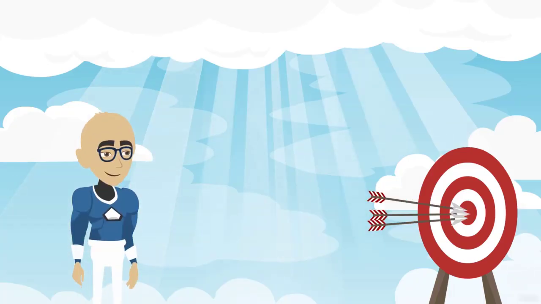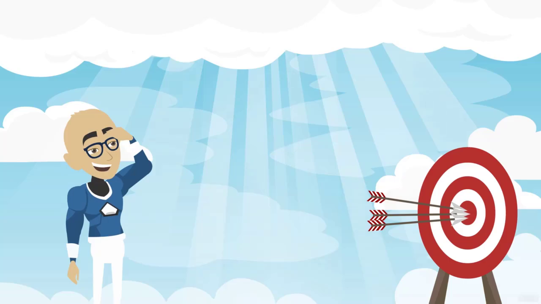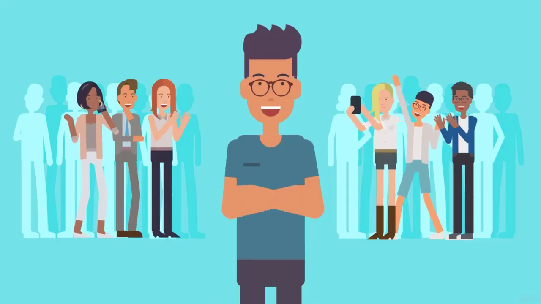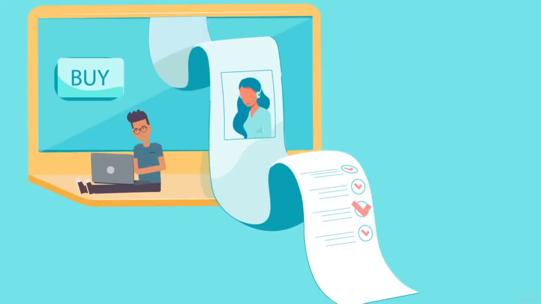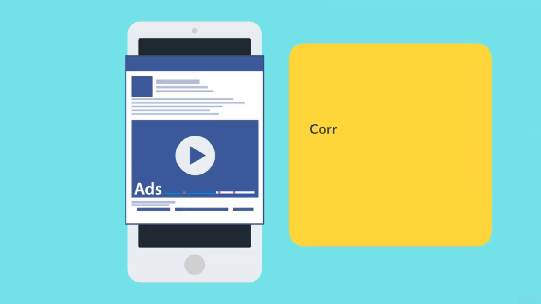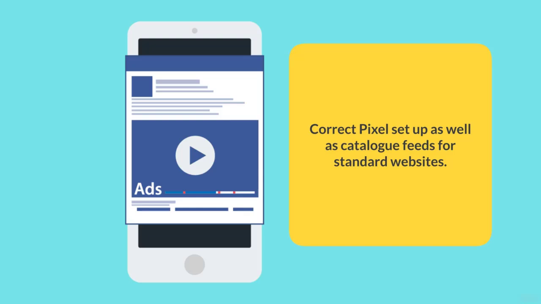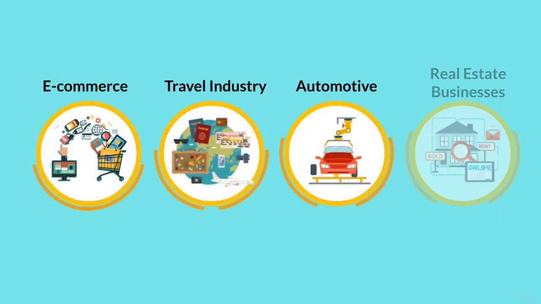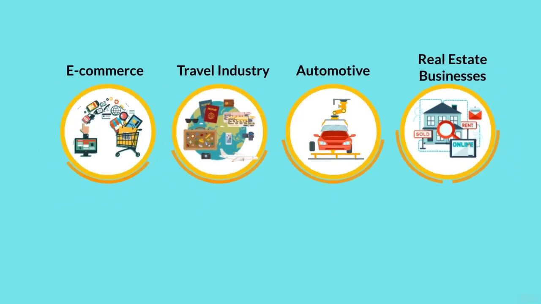Dynamic ads are the most powerful retargeting tool that can transform all your biggest battles into great victories. They require automated synchronization with e-commerce platforms like Shopify and correct pixel setup as well as catalog feeds for standard websites. They're available for e-commerce, travel industry, automotive, and real estate businesses.